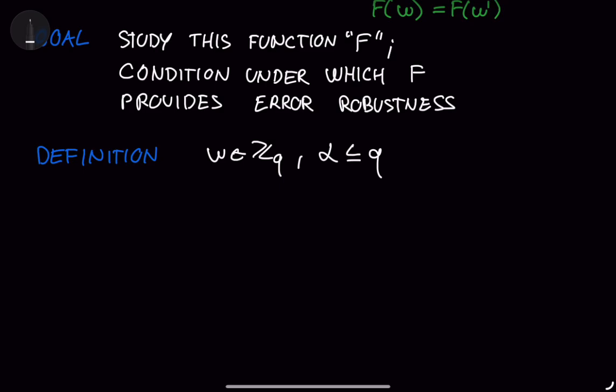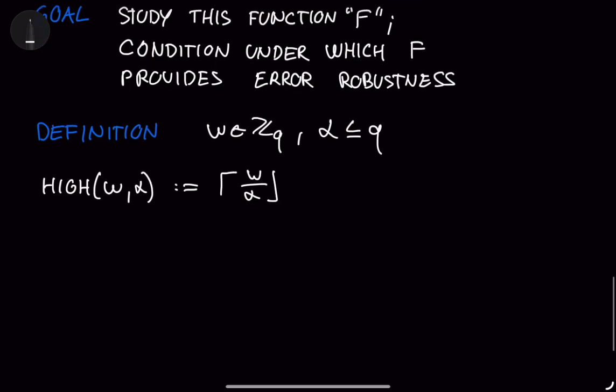The first function we define is High(w, alpha), and what we do is we round the value w divided by alpha to the next integer. And the second function is called Low, and Low means we compute the symmetric modulo, w s-mod alpha.